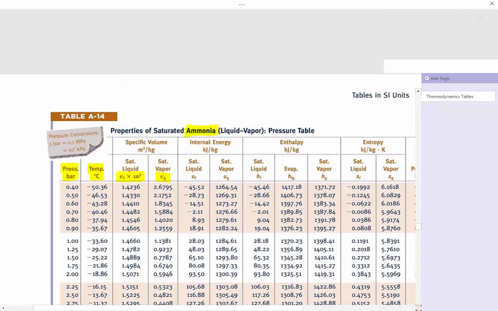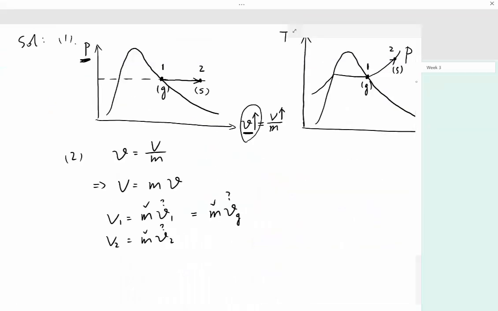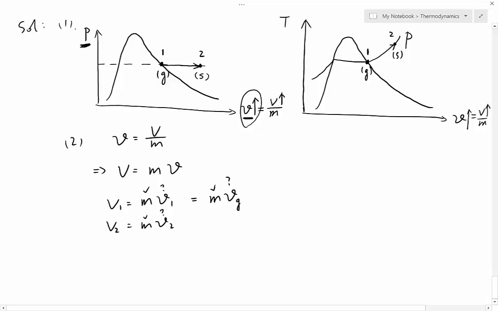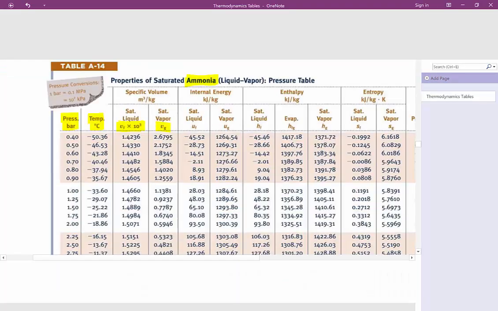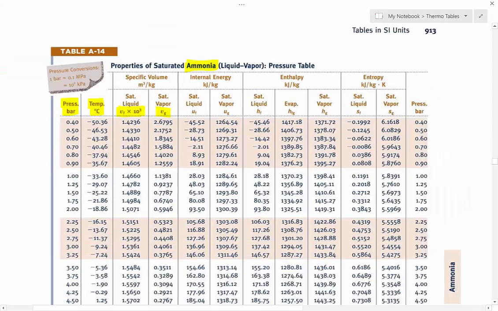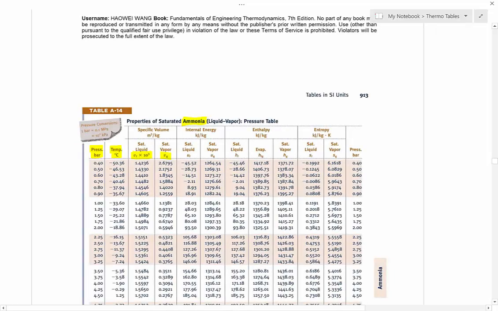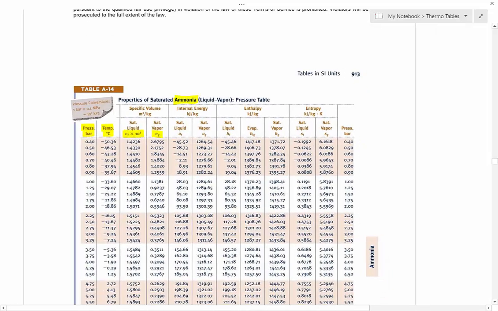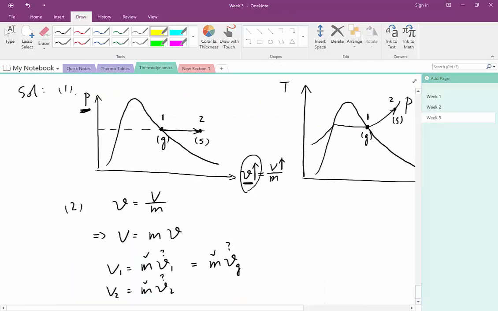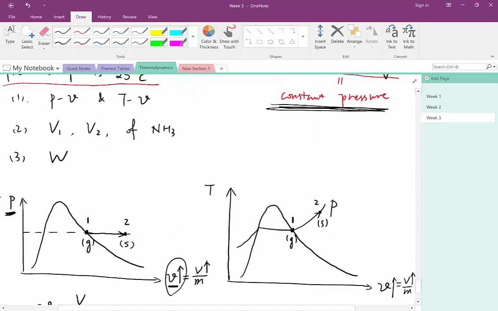The one we're looking for is nu G. How do we look for nu G from this table? Can we start from the pressure? If I start from the pressure, I can look for the corresponding nu G. Do we know the pressure of this process? The pressure of this process is given.